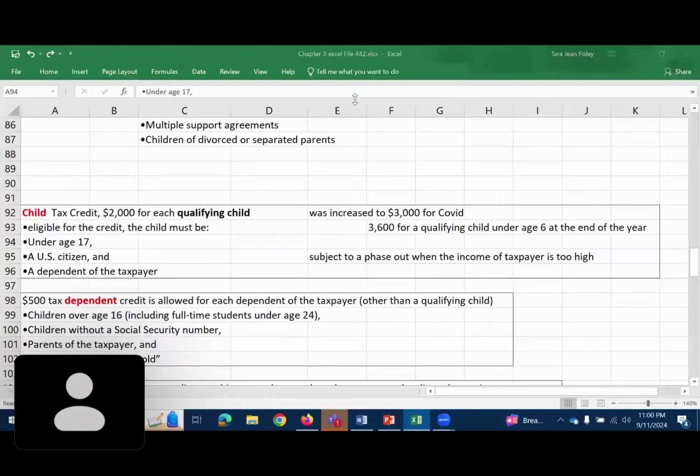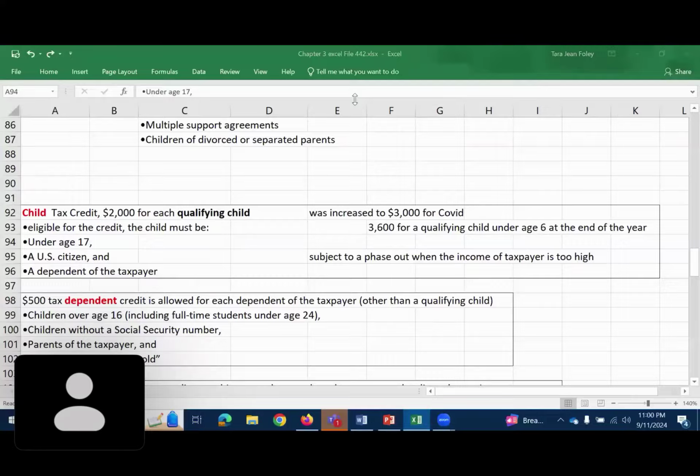Let's say, for example, I have a client where she has a Down syndrome child, and the Down syndrome child is married, and they're married to another Down syndrome child, but they're functional and they live on their own in an assisted living, but they're married, right? And they have small little jobs, and they have their life in the assisted living, and they don't make more than the standard deduction.